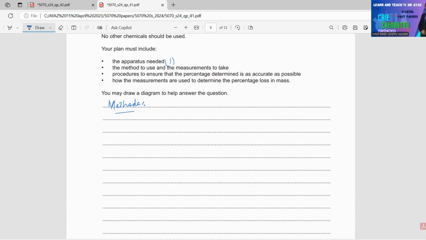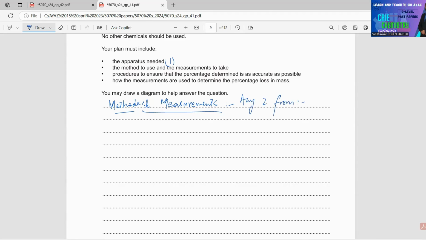What we will do? We will write the formula for calculation. So I need two for this method and measurements. I need two from this.